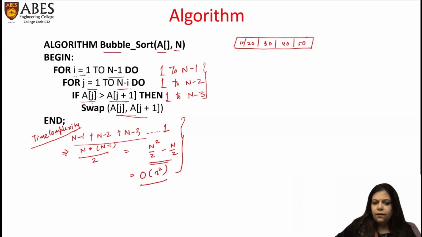When we compare the first two elements, no swapping is required, right? Because the first element is not greater than the second element. So the state of the array will remain the same: 10, 20, 30, 40, and 50.